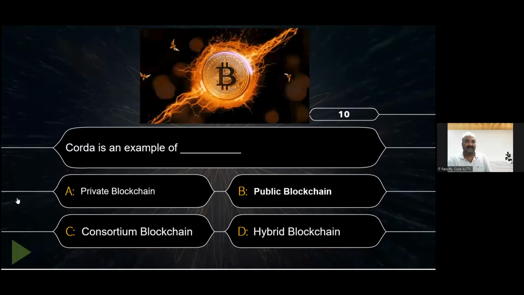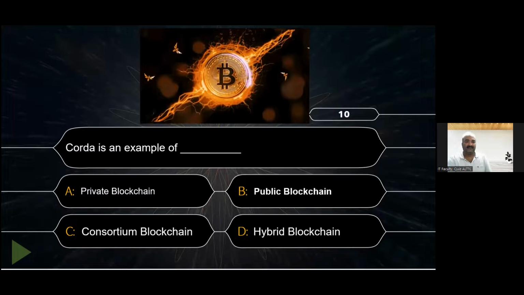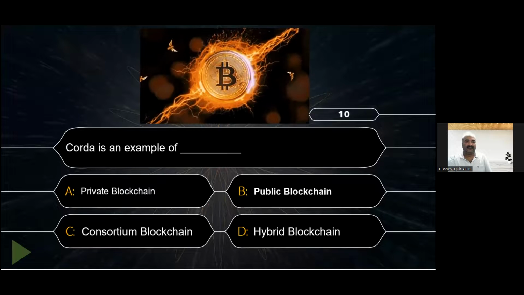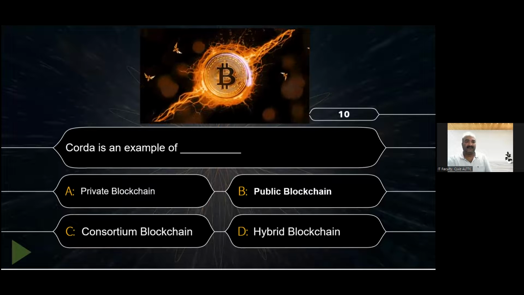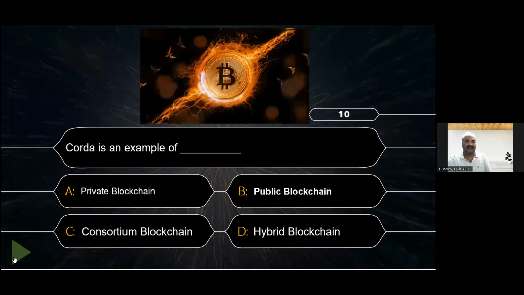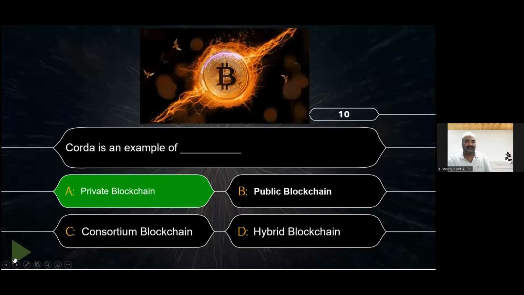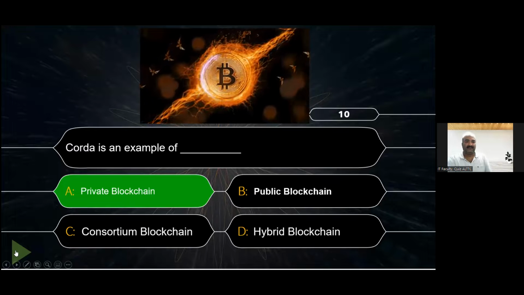Mix has come. Mostly select A, B, and C. Let's recheck. The correct answer is for establishing private blockchain.